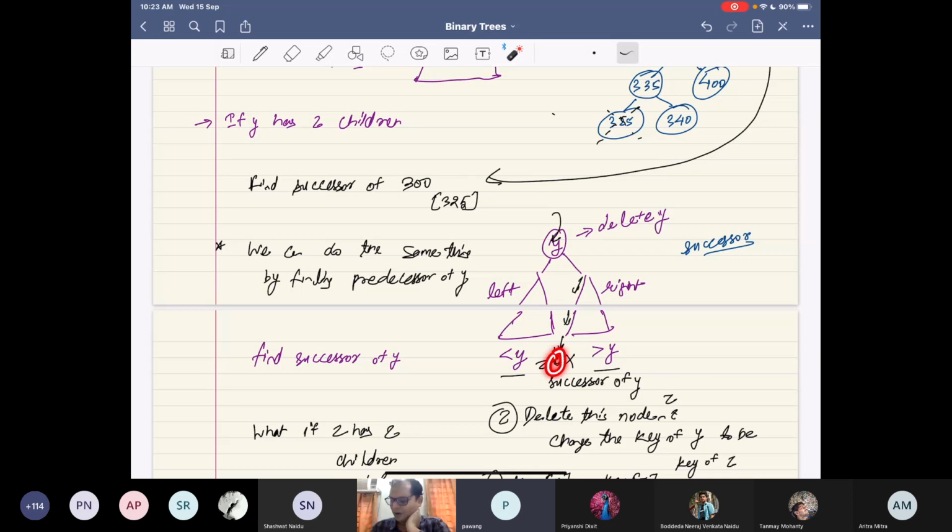What do I need to do now once I find the successor? We'll replace y by that. Replace the key of this node by the key of this node. Only the key needs to be replaced.